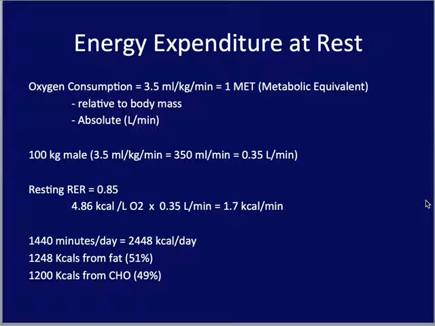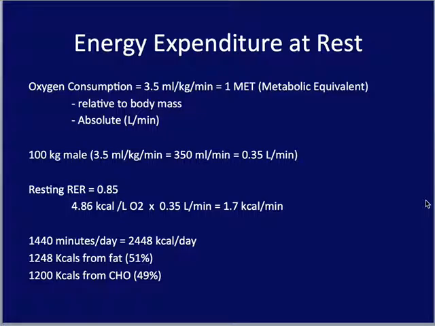So we can take this even a little bit further. If we want to look at their metabolic rate through one complete day, if that person just rests, there are 1,440 minutes in each day. So if we take 1.7 times 1,440, we get 2,448 kilocalories for every day for this 100 kilogram male.